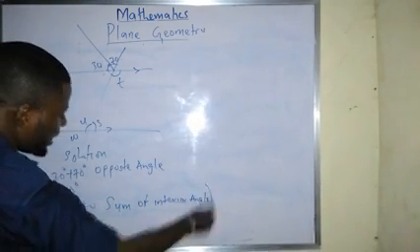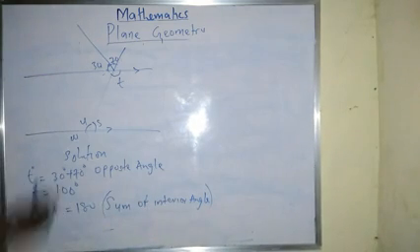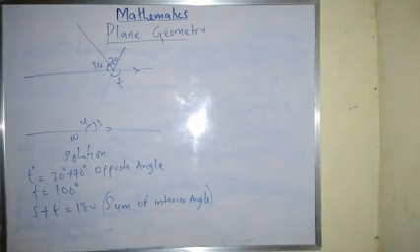I think I've explained that earlier. This and this are interior angles. T is already 100, so S equals 180 minus 100, which is 80 degrees. My S will be 80 degrees.